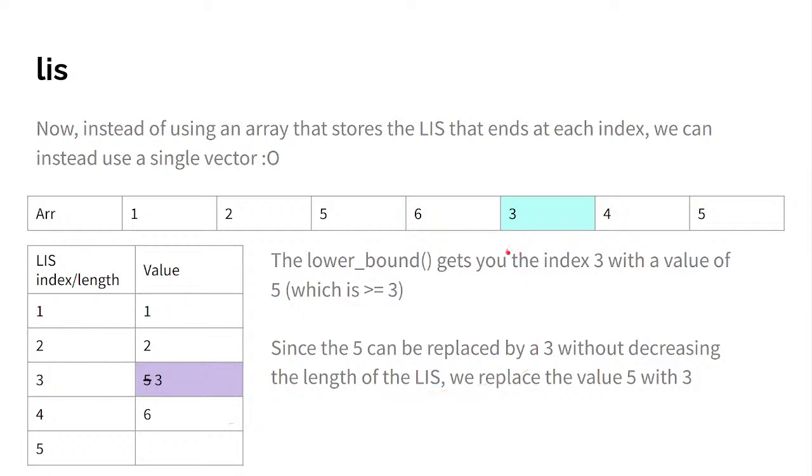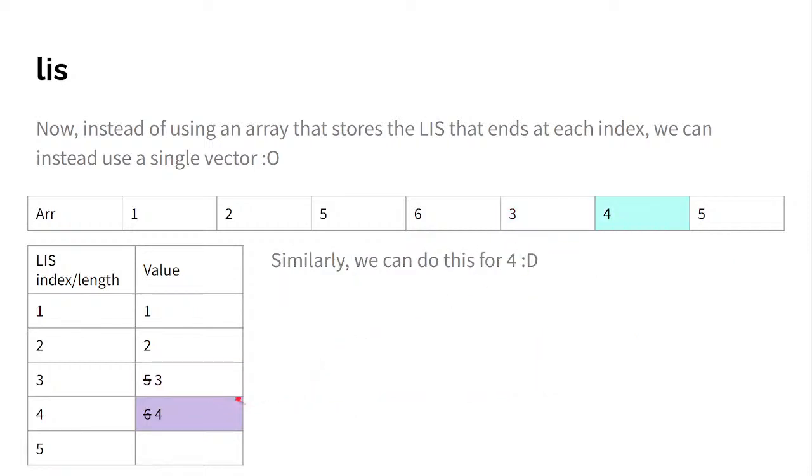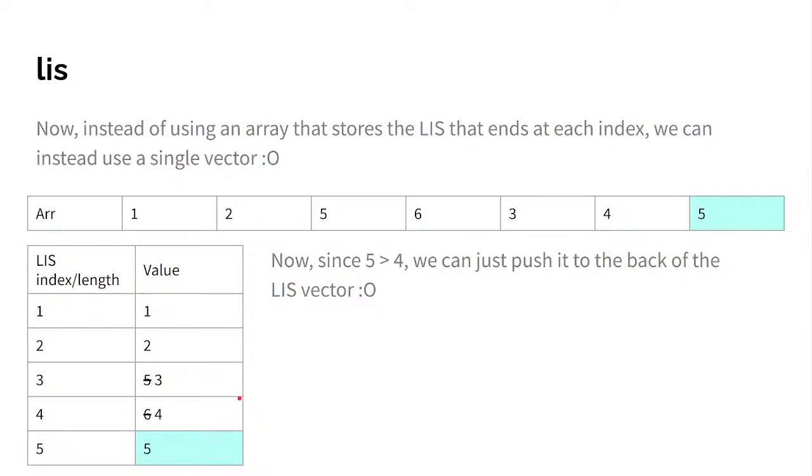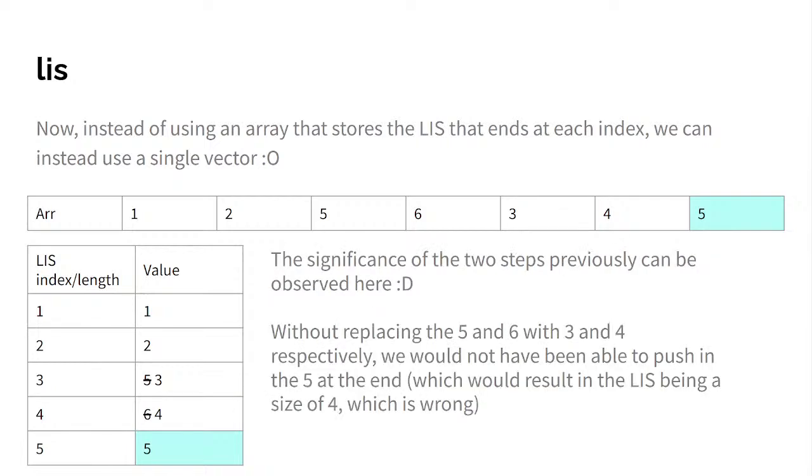You can replace the 6 with 4 and then 5, you just push it back to the list vector. So without replacing the 5 and 6 with 3 and 4 respectively, we would not have been able to push the 5 at the end. So yeah, wow, trade-offs.